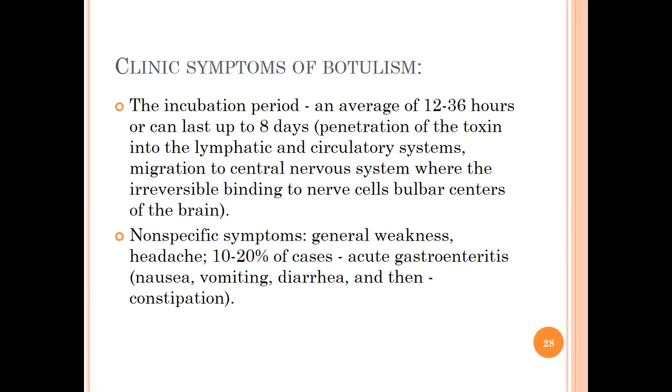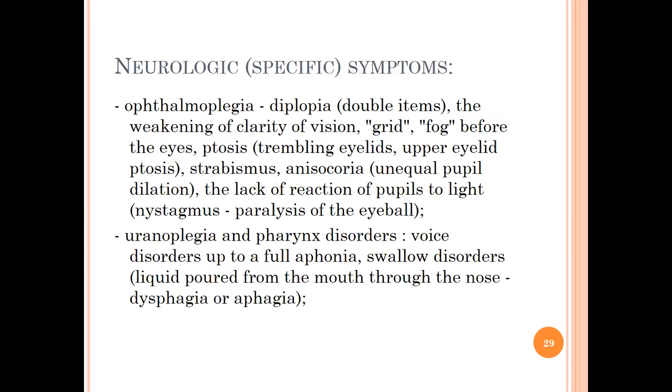Non-specific symptoms include common weakness, fatigue, and headache. Sometimes acute gastroenteritis can be found, like nausea, vomiting, diarrhea, and sometimes constipation. But we need to focus on the specific symptoms of botulism.